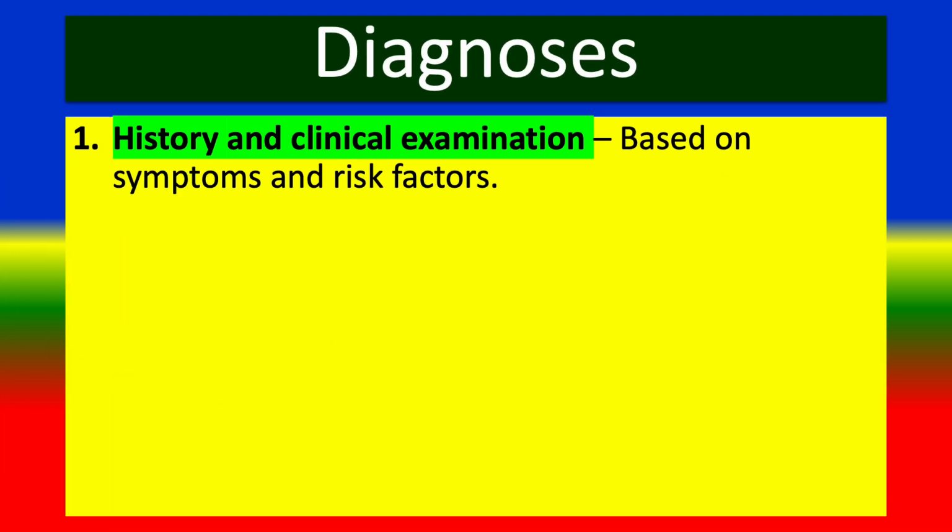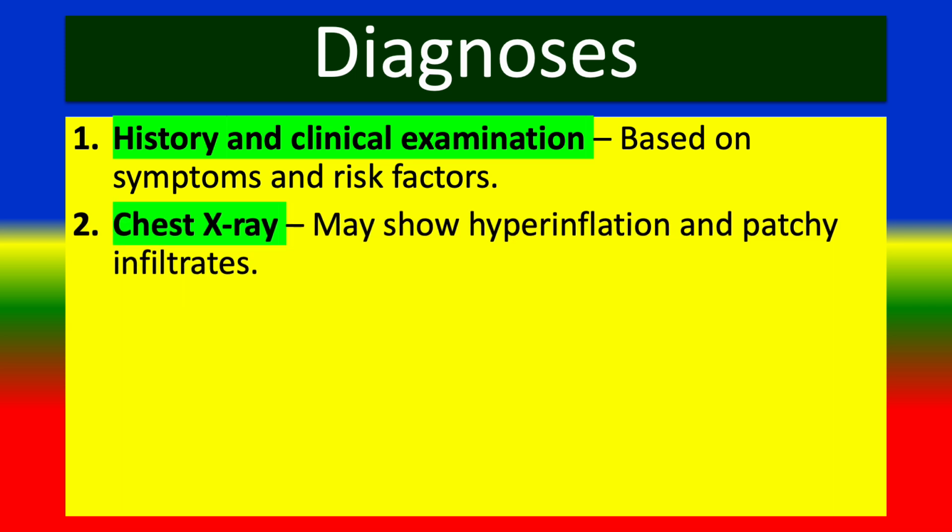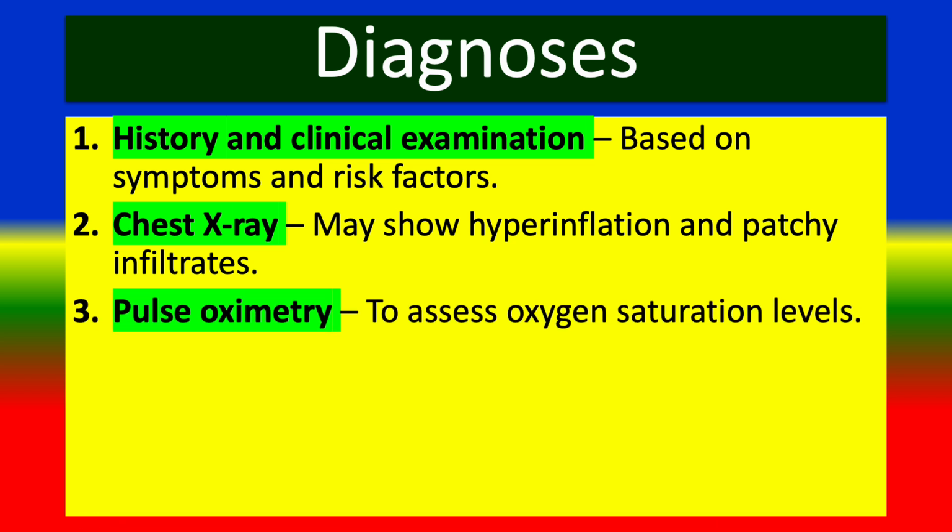Diagnosis: 1. History and clinical examination based on symptoms and risk factors. 2. Chest X-ray may show hyperinflation and peribronchial inflammation. 3.